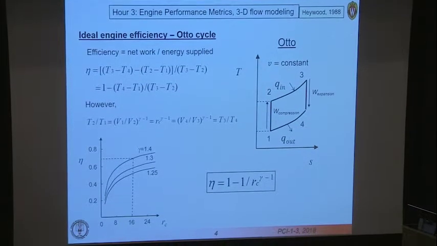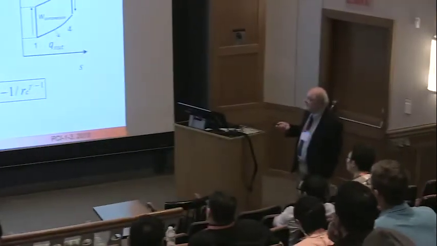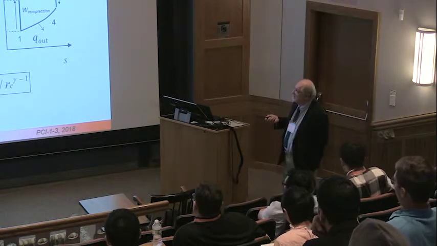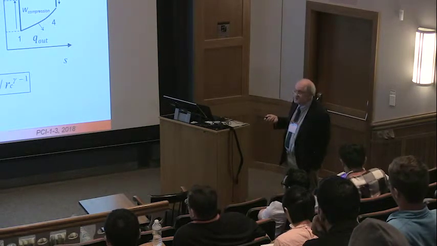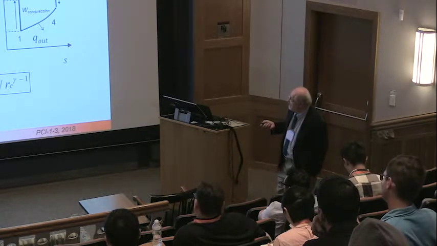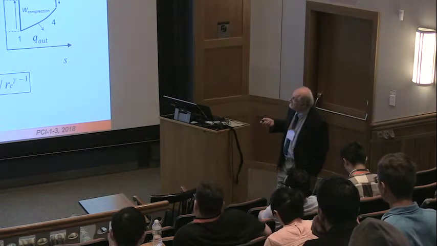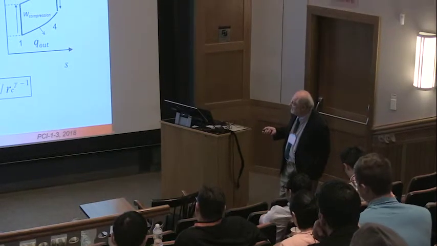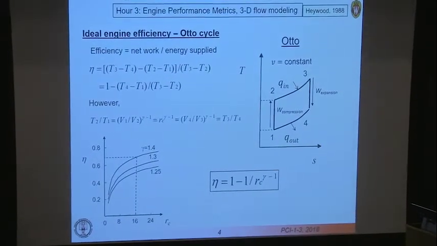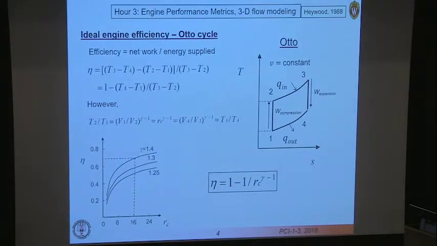You can relate the temperatures through the isentropic relations that I showed you before to the volume changes, and the volume changes are just expressed in terms of the compression ratio, R sub C. So when you're all done, you can calculate the efficiency for the ideal engine as 1 minus 1 divided by the compression ratio to the power gamma minus 1. Remember, gamma is the ratio of the specific heats. For nitrogen or air, for diatomics, gamma is roughly 1.4.